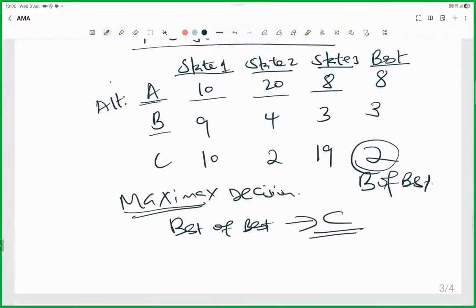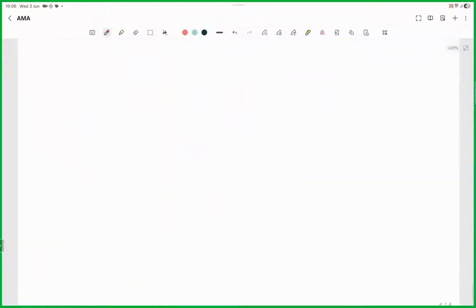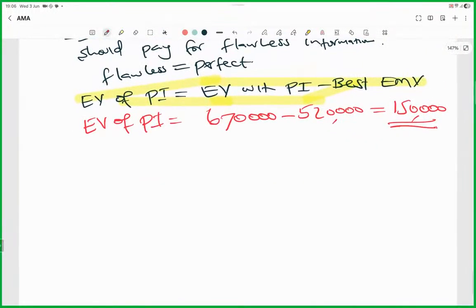All right. Now, ladies and gentlemen, the mathematics of money. In our past paper, our best EMV was 520,000. So I took the EV with PI that we got up there, 670,000, minus the 520,000, which gave me 150,000, which is the maximum amount payable for this expert information.